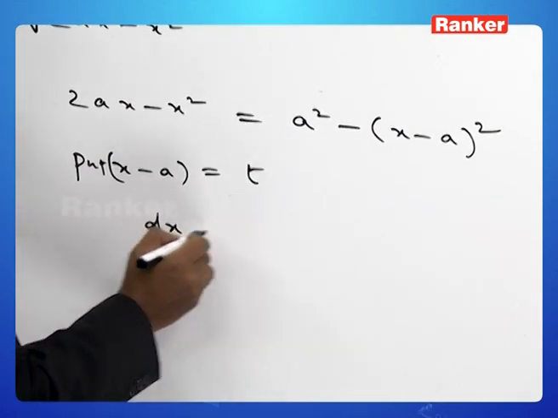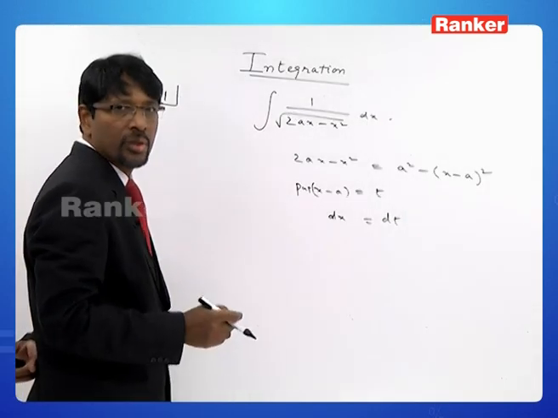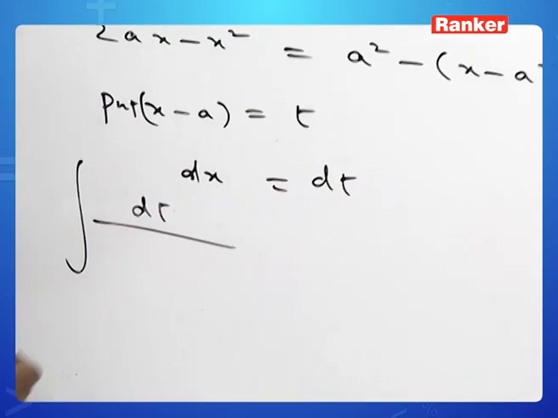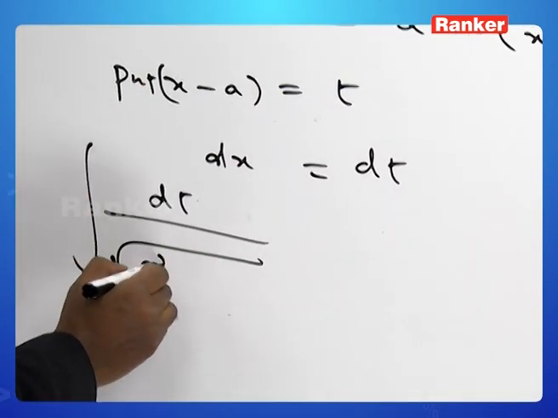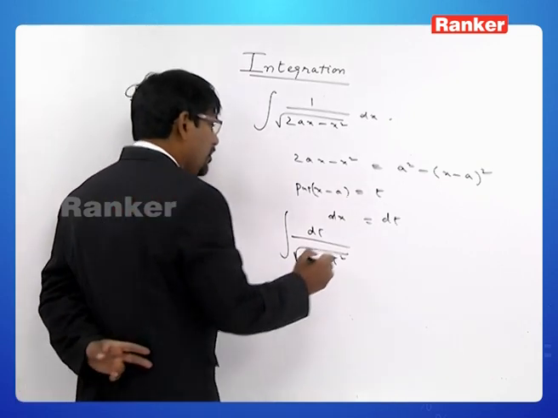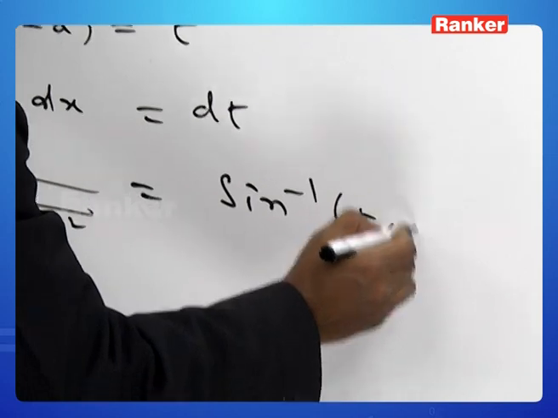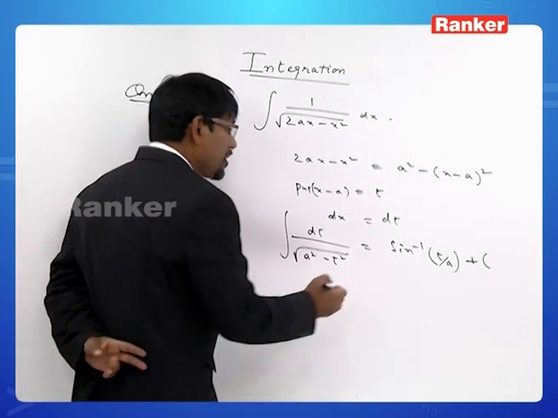There is no difference between dx and dt, a being a constant. So the integral transforms to dt by root over a square minus t square. Now it is in the standard form, sine inverse of t by a, plus of course the integration constant. What is t? x minus a.